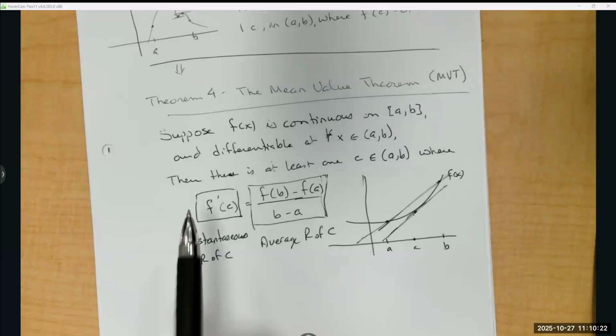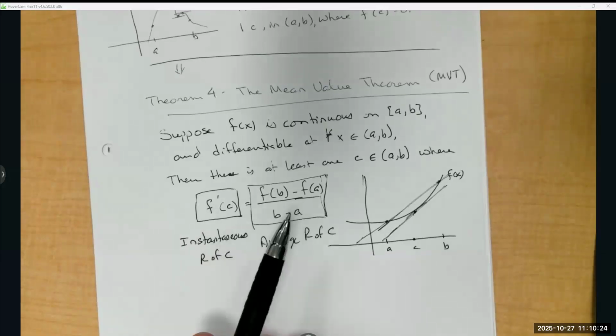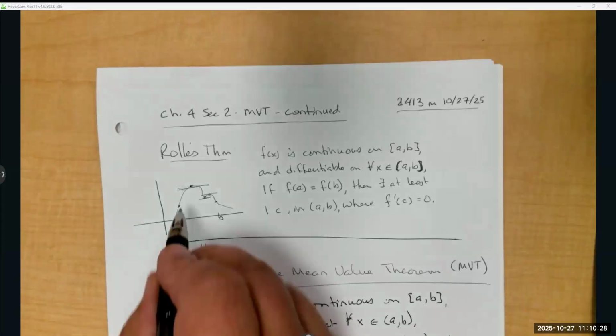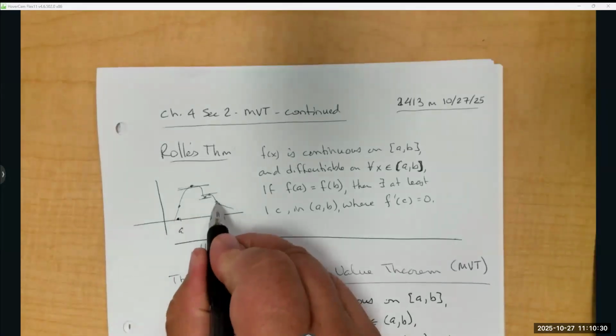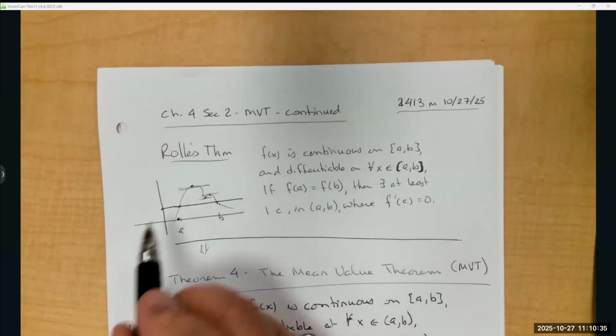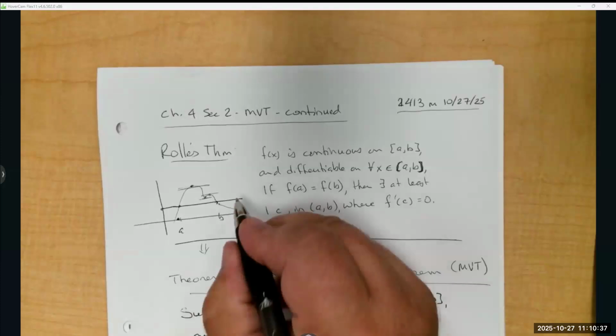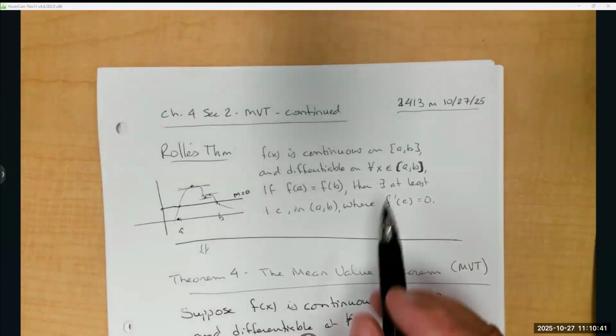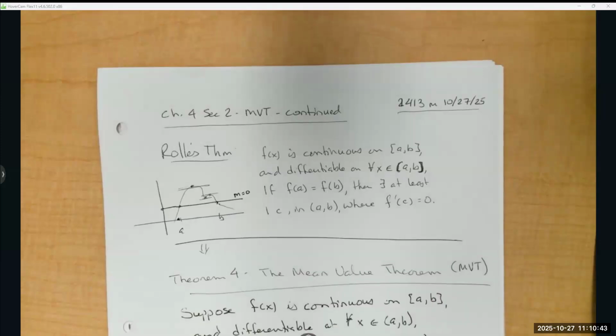And that follows from Rolle's theorem, because if we had 2 points at A and B, and we connected them with a line, the slope is equal to 0. Remember, at f of a equals f of b, the slope equals 0.